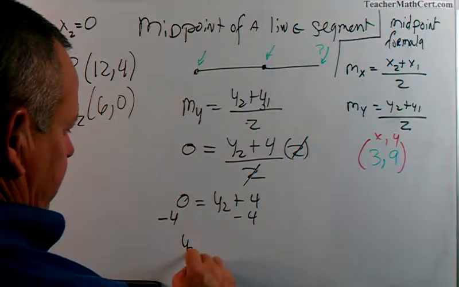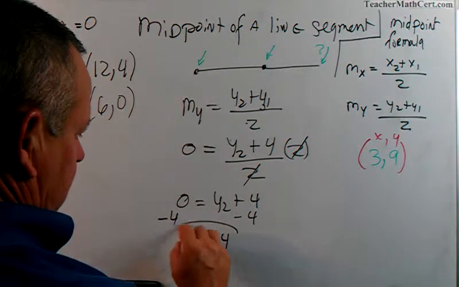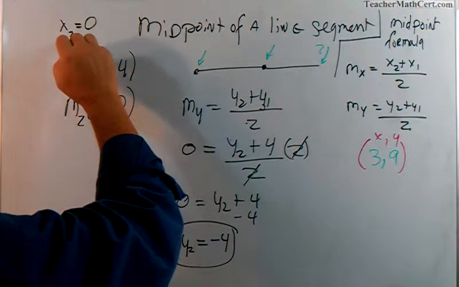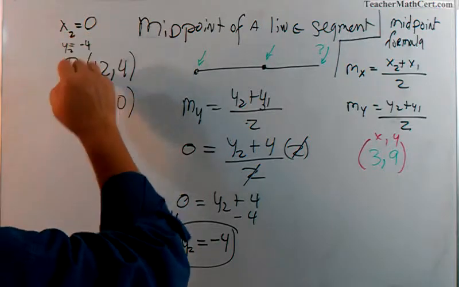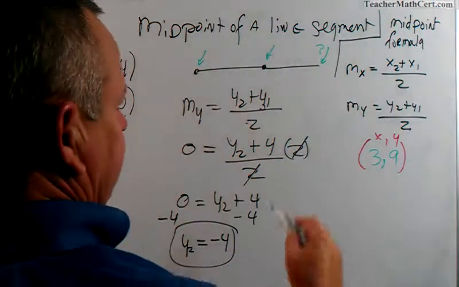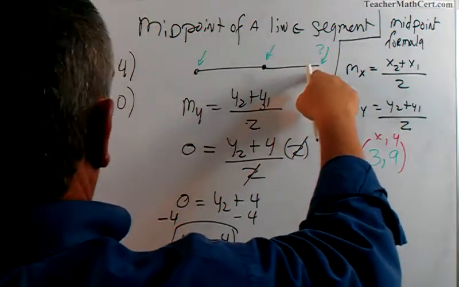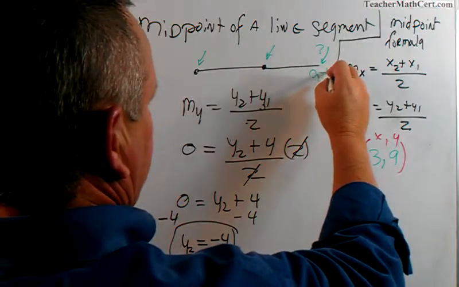Y sub 2 is equal to negative 4. So now we've got the x and y values for this point right here, namely x equals 0 and y equals minus 4. All right?